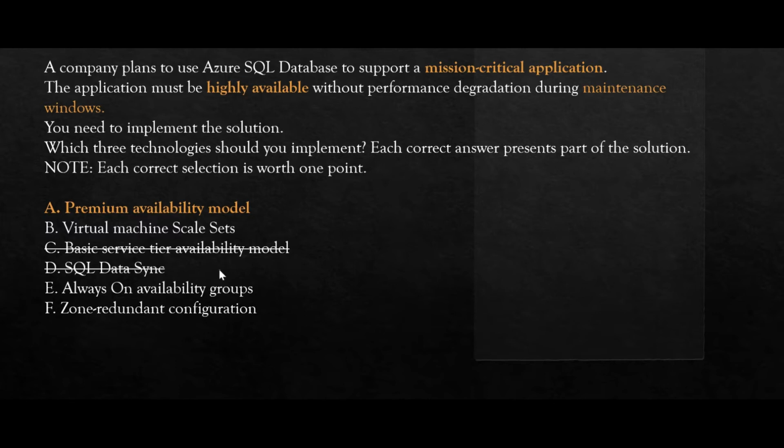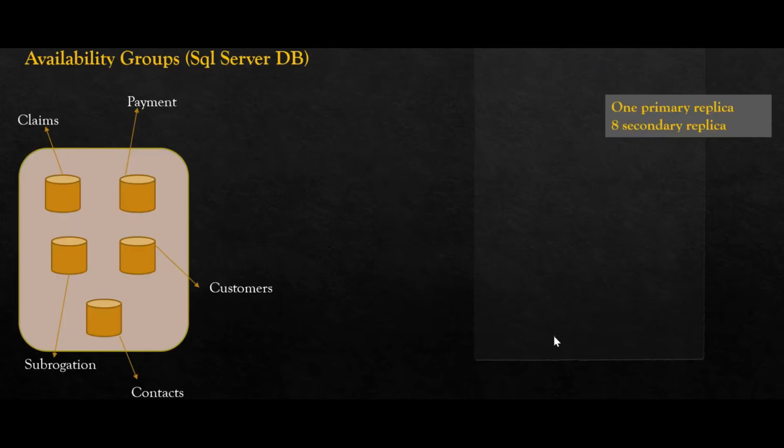Now let's look at option E, which says Always On availability groups. So suppose you have an availability group and you have different databases in that group. So this box is a group, and suppose this is an example of insurance related databases, and you have a claims processing database, a payments database, a customers database, contacts, and subrogation.